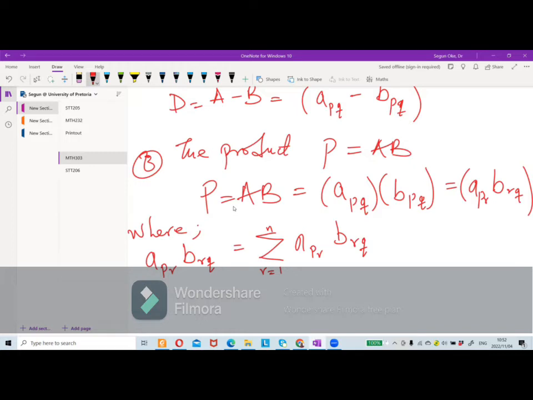The matrices whose product is defined are called conformable.